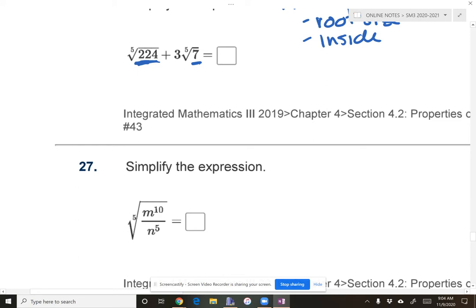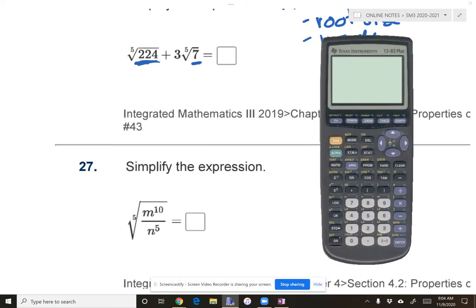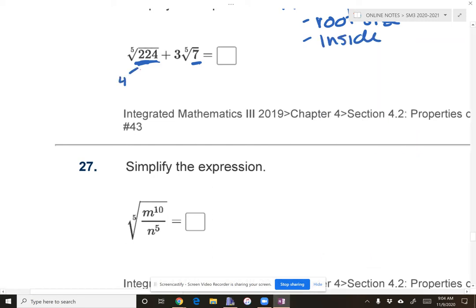And so 224, we're going to try and make a tree out of that. So I know 224 is even. I know it's divisible by 2, but let's be risky and see if it's divisible by 4. Oh, it is. Okay, so we get 4 times 56, and 4 is 2 times 2. Okay, 56 is 8 times 7, and 8 is 2 times 4, and 4 is 2 times 2.